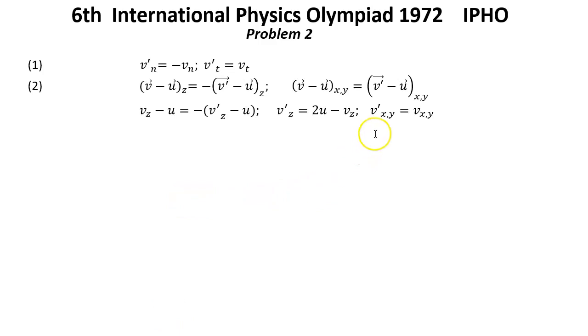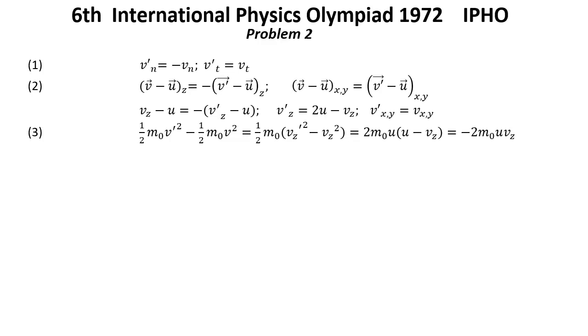We see that in the xy plane we have the same velocity, but in the z direction we have v prime equal to 2u minus v_z original. So the increase of the kinetic energy of the particle with mass m0 after collision is equation number 3, which finally gives us negative 2 m0 u v_z, because u is much smaller than v_z.